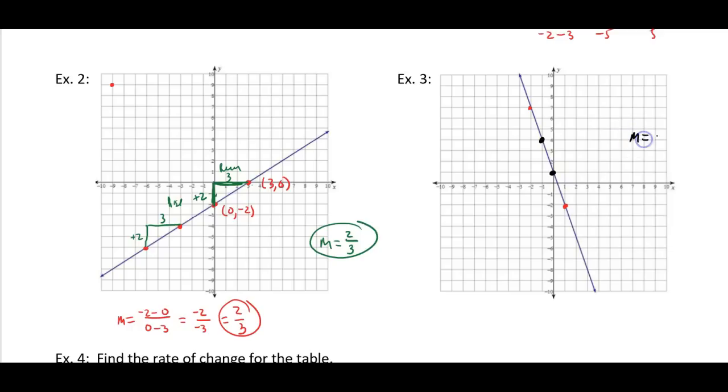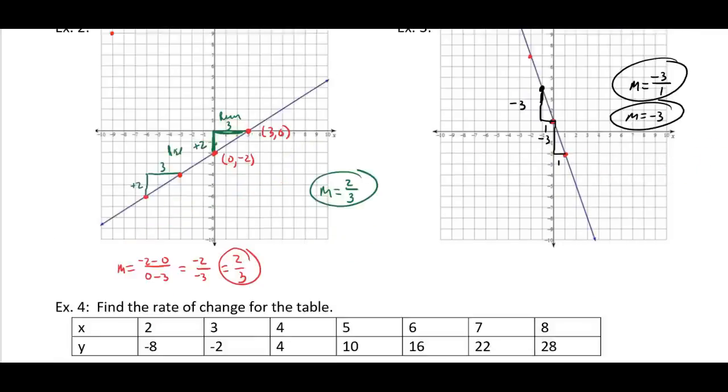So m equals, since I'm going down first, my slope is going to be negative, and it's 1, 2, 3 over 1. In this case, I went down first, so it's negative, and I went right 1, so my slope would be -3. And if I look here, down 1, 2, 3 over 1. So no matter what, my rise over the run is always down 3 over 1.